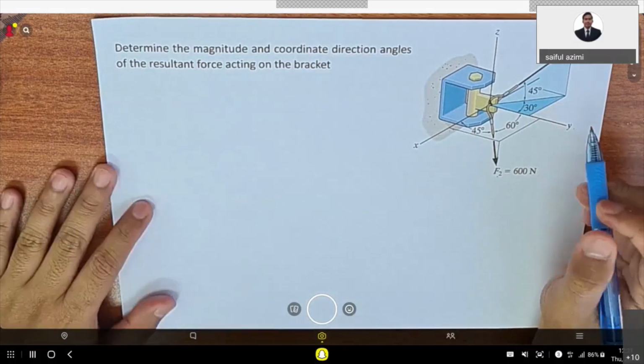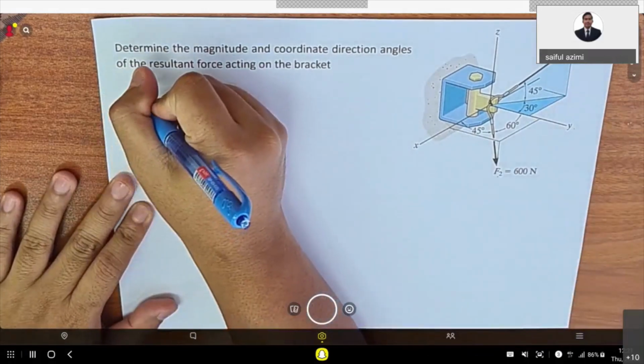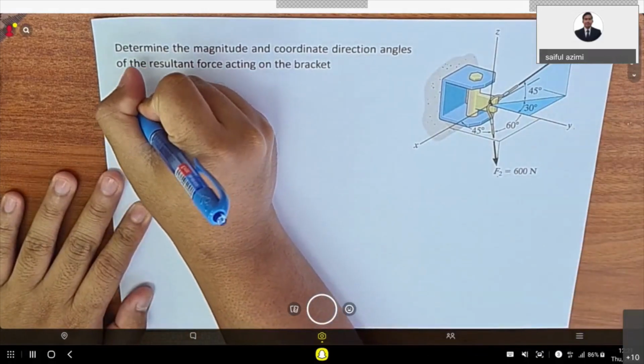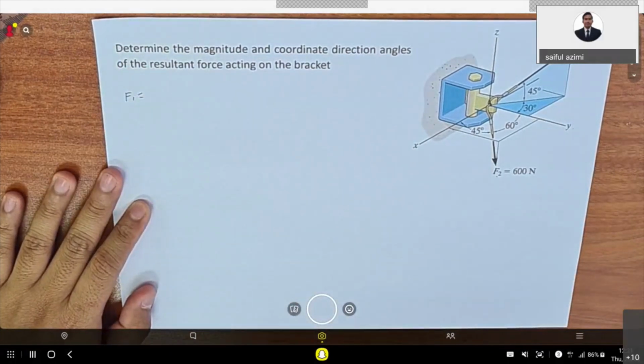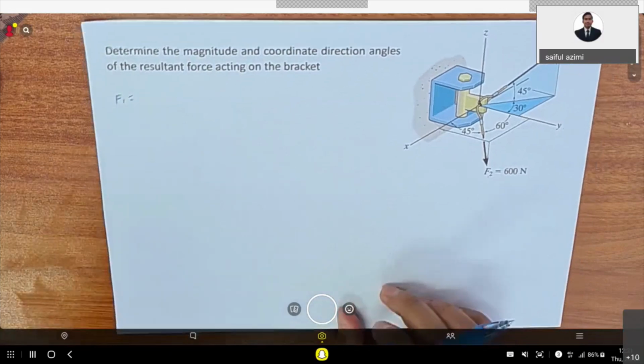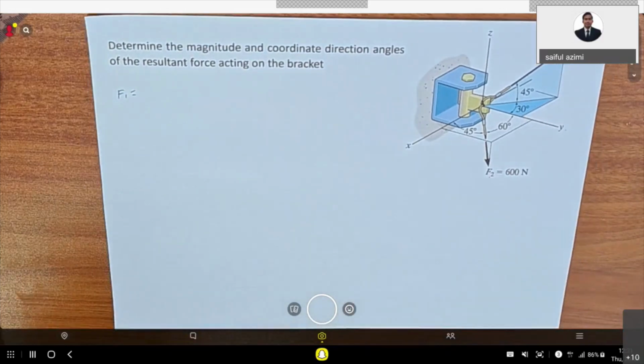We have F1 here. Right now, can you tell me what is the angle? Is it easier for us to use 2 or 3 degree for this example? 2 degrees, sir.